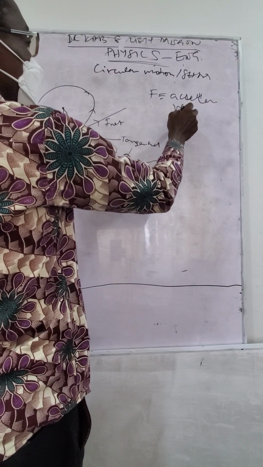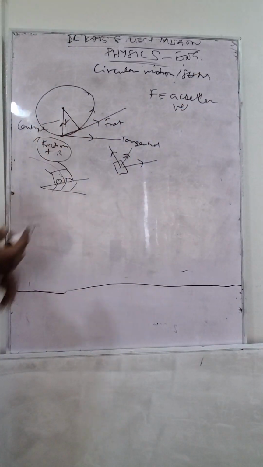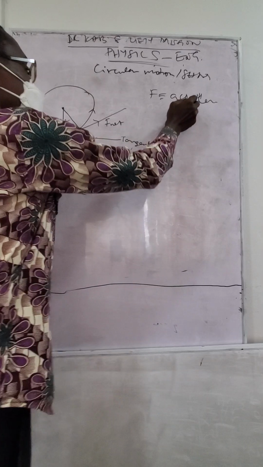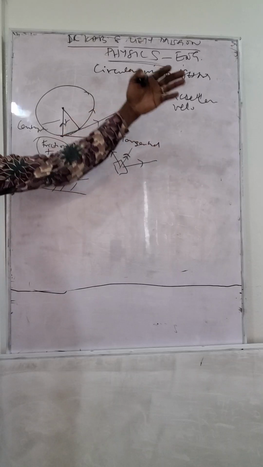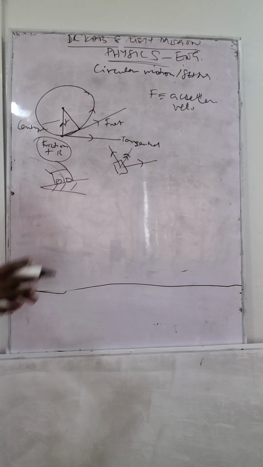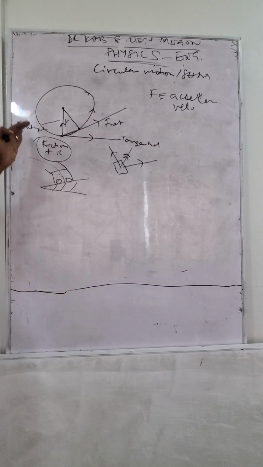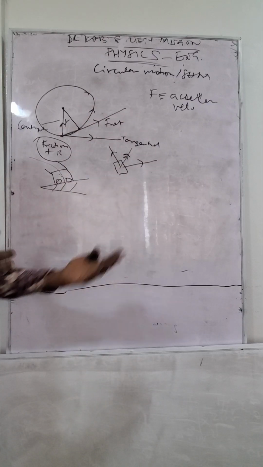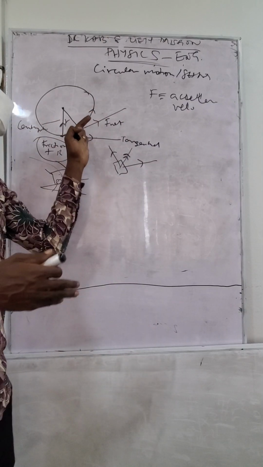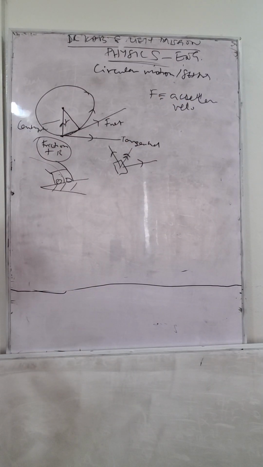So the tangential force has its expected acceleration; once there is acceleration, it means velocity is changing. And the centripetal one is also going to have its acceleration and its velocity, and so on. Then the net will be the resultant of the two. So you have to pay attention to the question and then do the calculation as such.